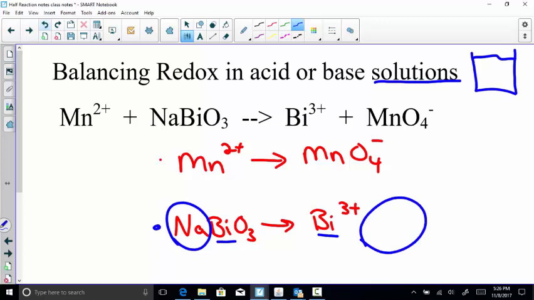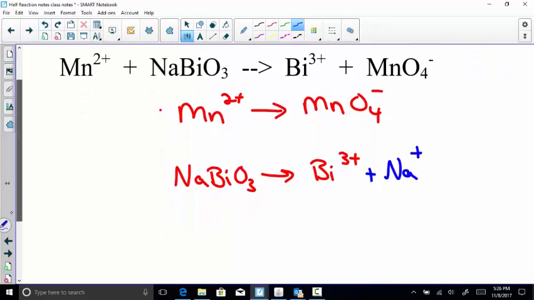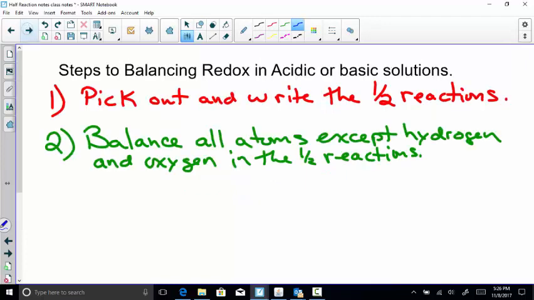I need to put an Na into the reaction, but one of the things you have to think about is that Na is soluble, so this Na is going to go in as an ion. So now I have that reaction balanced as much as I can because I have the atoms balanced. So now we go to step 3.